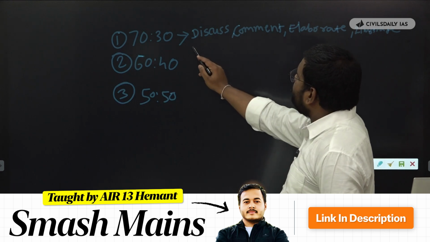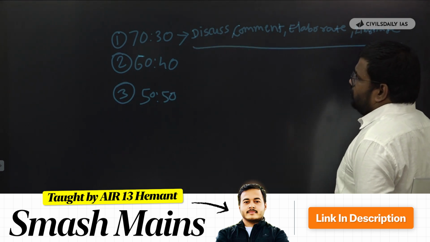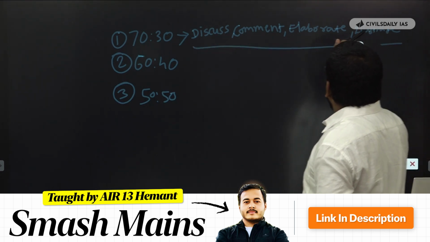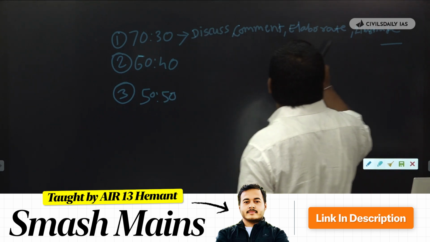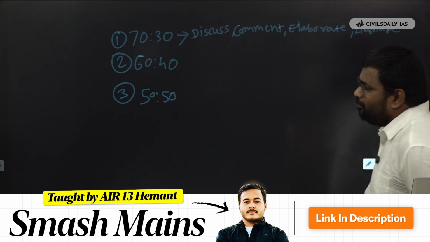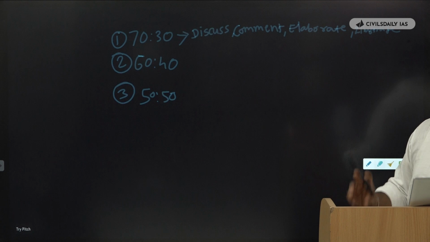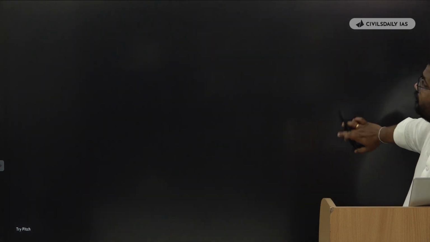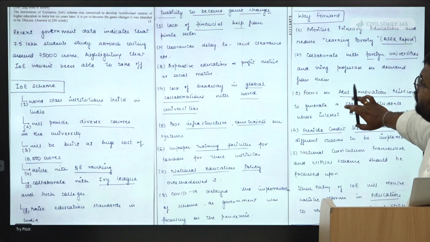When you have directives like this, you will be using the 70-30. So 70% of your weightage will go to the statement, and 30% will be the counter argument. So this is the 70-30 approach.